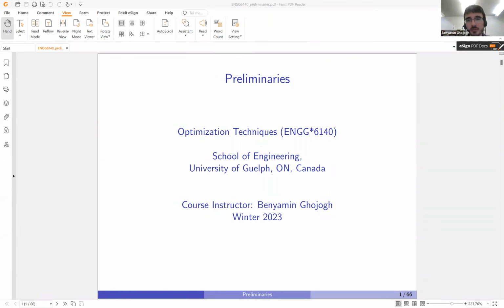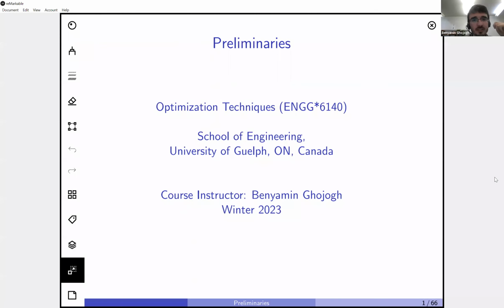Okay, I think it worked. I'm happy it worked. So let me change the share screen. Can you see that? Can someone say if you can see that or not? Yes. I'm writing it here. Can you see that? Oh, yeah, I can see that. Okay, great.